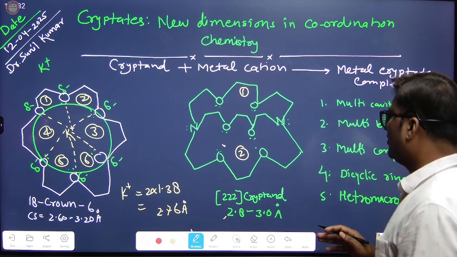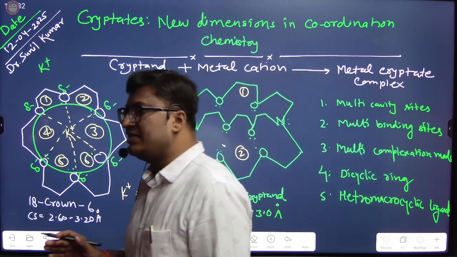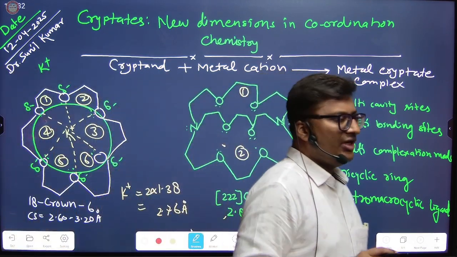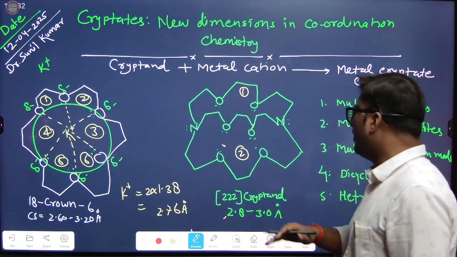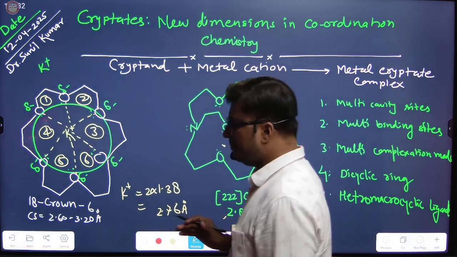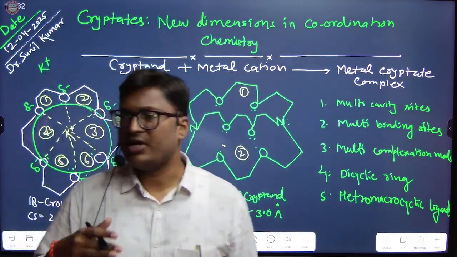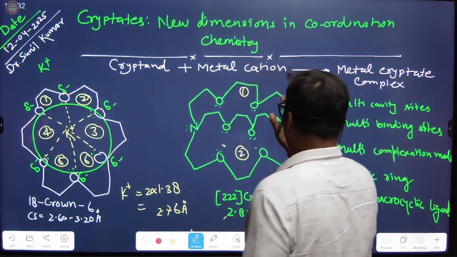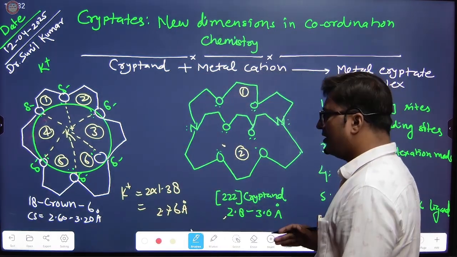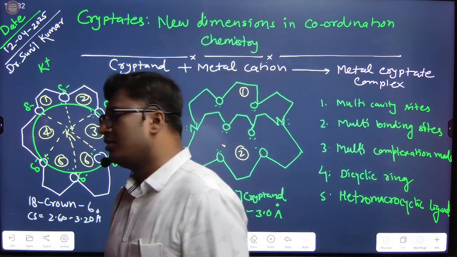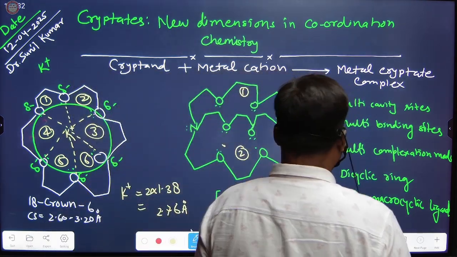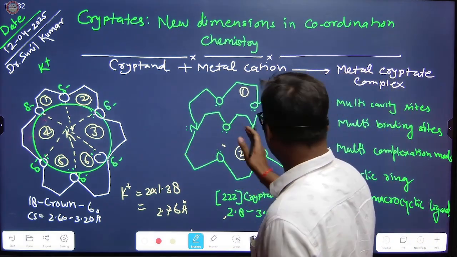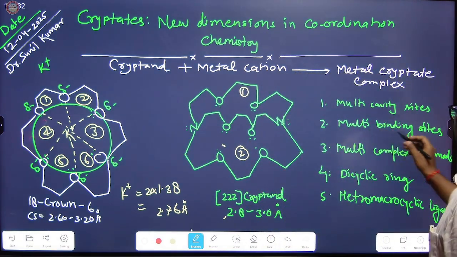So it is nothing but a hetero bicyclic ring structure, right? It can accommodate not only nitrogen and oxygen. The replacement of either oxygen or nitrogen by a phosphorus or sulfur atom can also be accommodated in this ring structure, and they also act as donor sites. So it is a widespread structure beyond the crown ethers, with multi-binding sites.